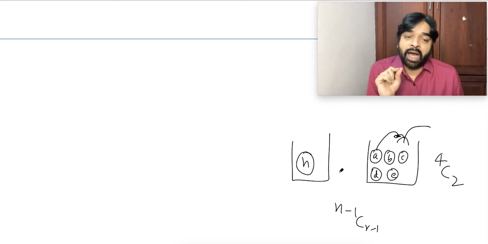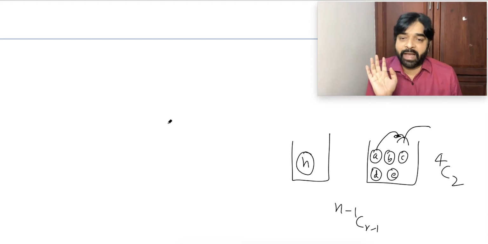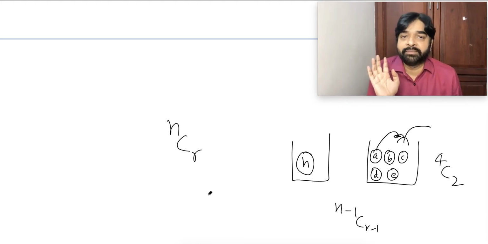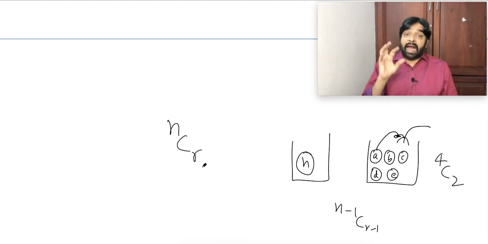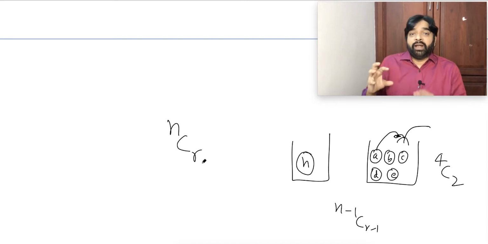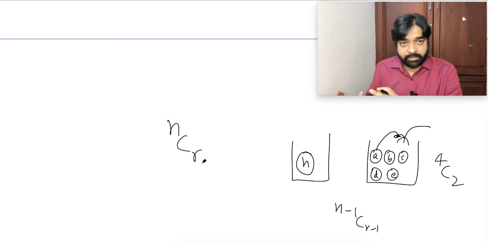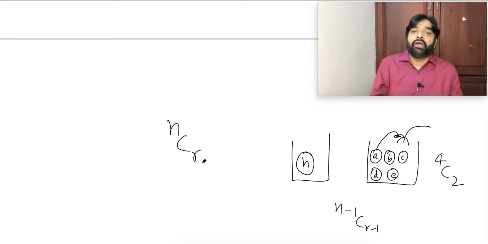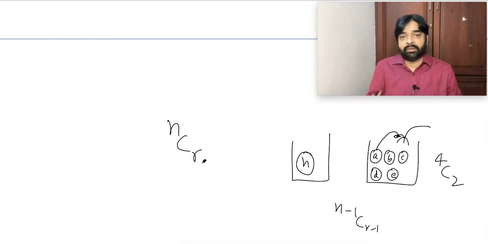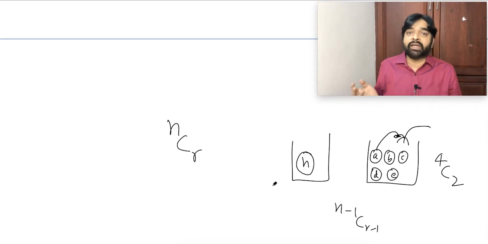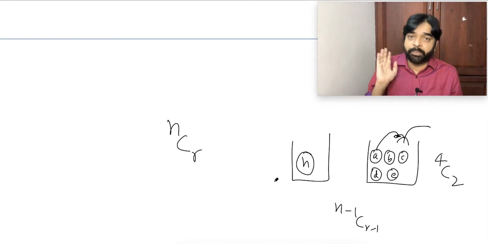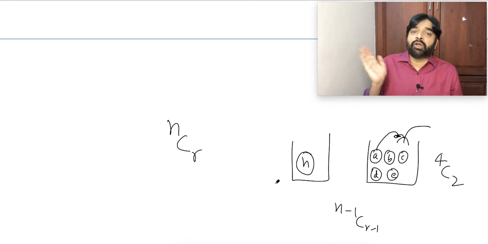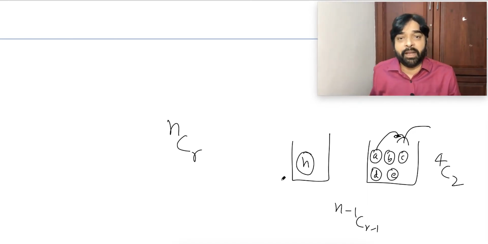I have to do the r object selection out of this. Let's do free selection. How many ways can I do free selection? nCr. In this, the case is also included when that particular object is there, and the case is also included when that particular object is not there. What I want is that the particular object should be there, which means I want to remove the case when that particular object never comes in any selection.